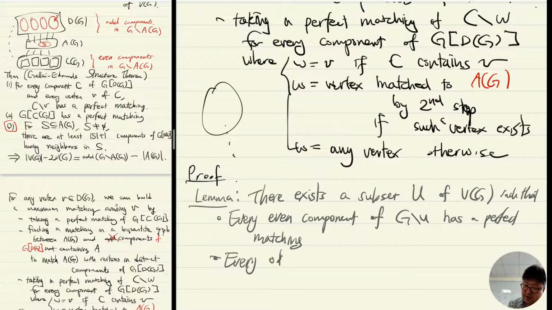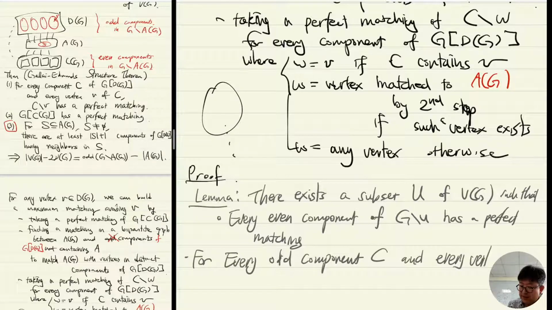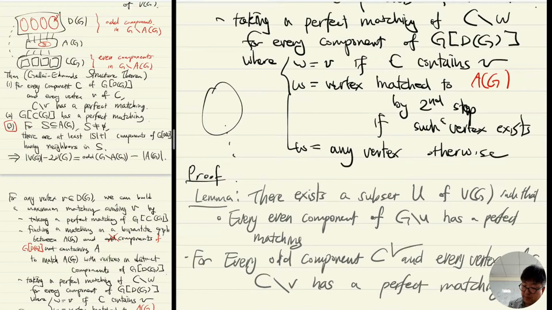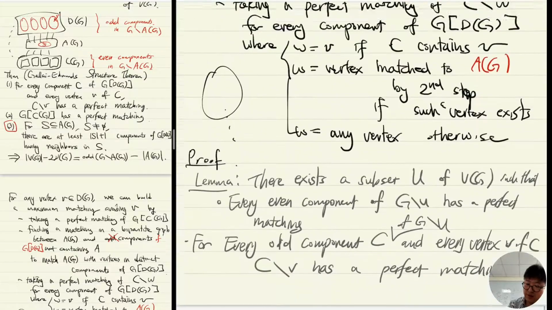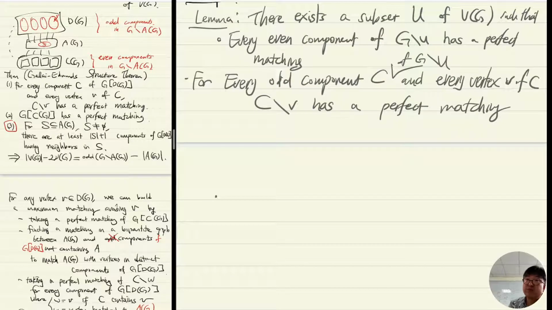Every odd component C, okay, so for every odd component C and every vertex v of C, C delete v has a perfect matching. So it's component of G delete U, and we want to have more properties.